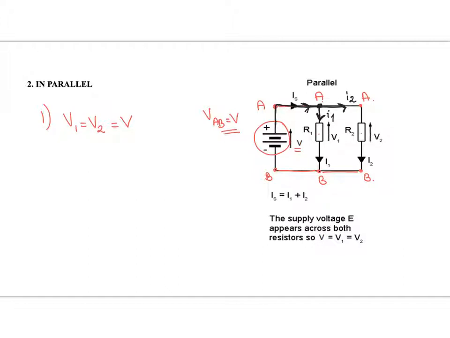So as a second property, I can say that the currents in the branches will add up to the main current. The total resistance will be calculated like this: 1 over R equivalent is equal to 1 over R1 plus 1 over R2.